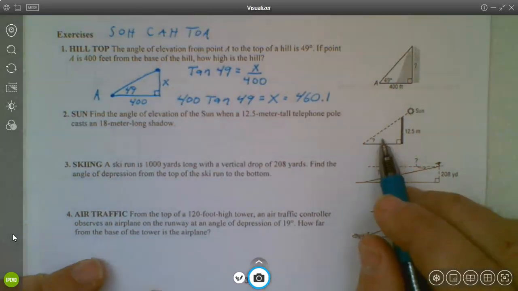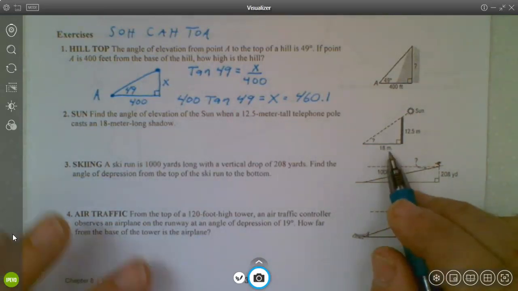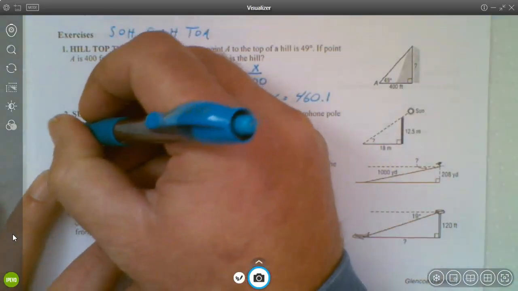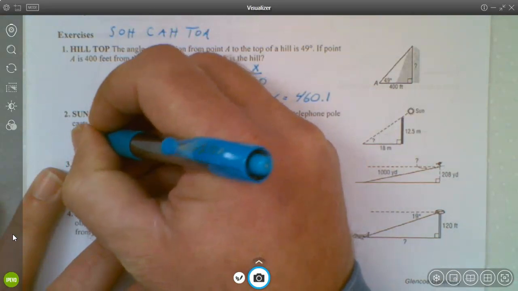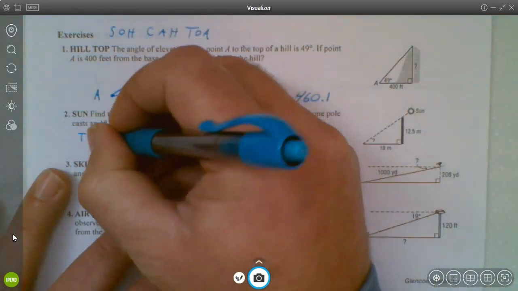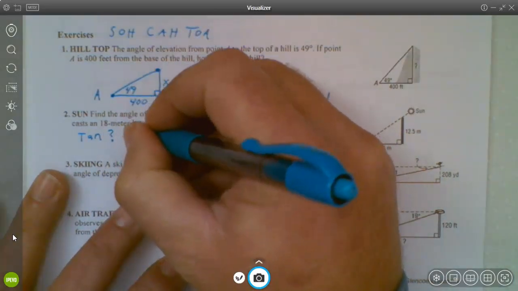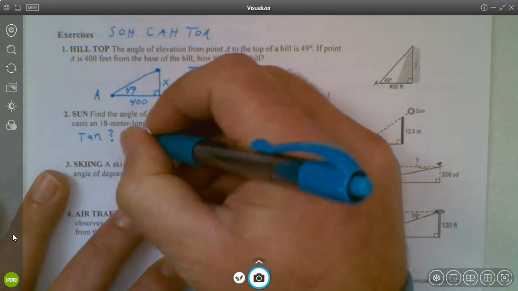So how do we find our missing angle? Well, from here, I'm looking at the opposite leg and the adjacent leg, which again is tangent. So the tangent of whatever angle that is, is opposite over adjacent.